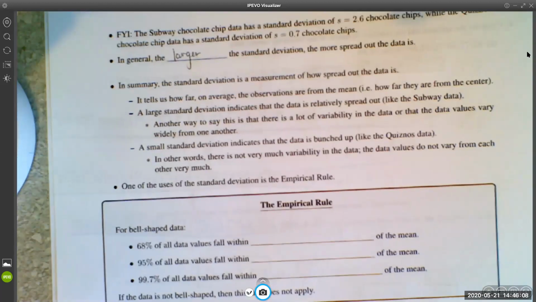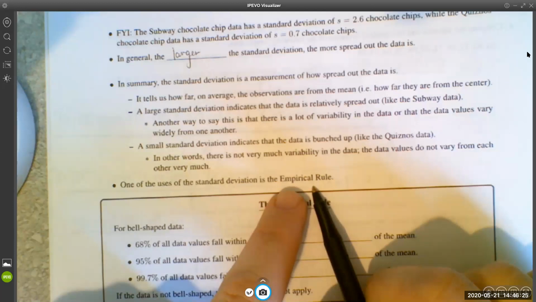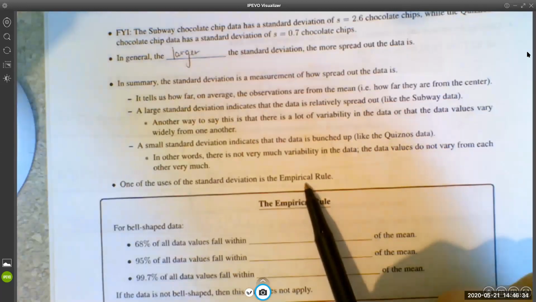The standard deviation is going to be very important to us later on in the semester. For right now, one of the uses we can get out of it immediately is something known as the empirical rule. The empirical rule tells us how much of the data we can expect to fall within a certain number of standard deviations. It only applies to bell-shaped data.